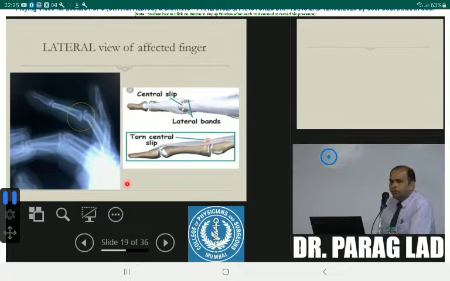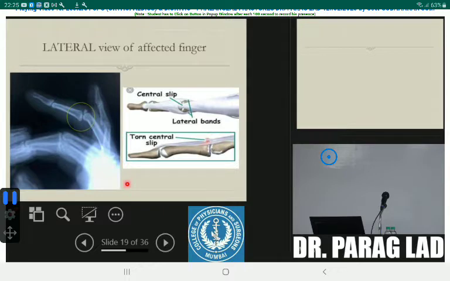Yes. So please remember, now I would like to explain you a small anatomy of the hand. In the hand we have distal phalanx. I am drawing a lateral view. Then we have middle phalanx, proximal phalanx, and then metacarpal head. So middle phalanx, this is the dorsal side, this is the volar side.